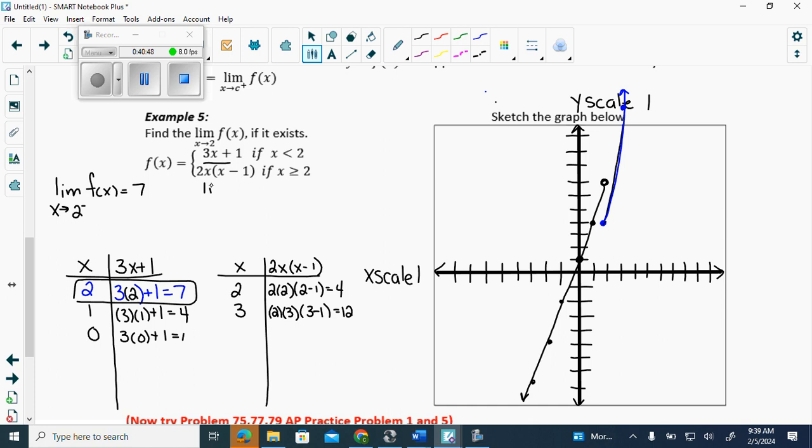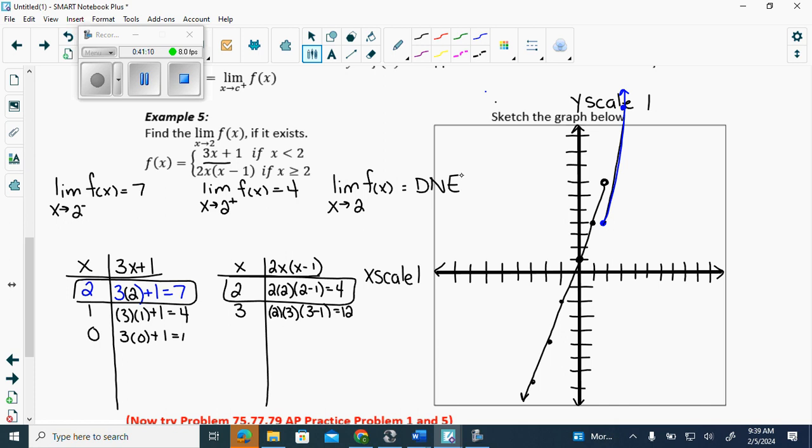The limit as x approaches 2 from the right of f of x equals 4. So the limit as x approaches 2 of f of x does not exist.